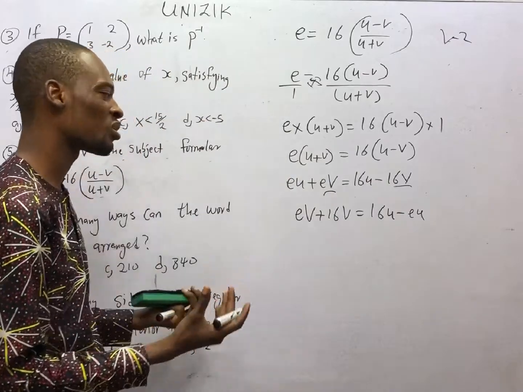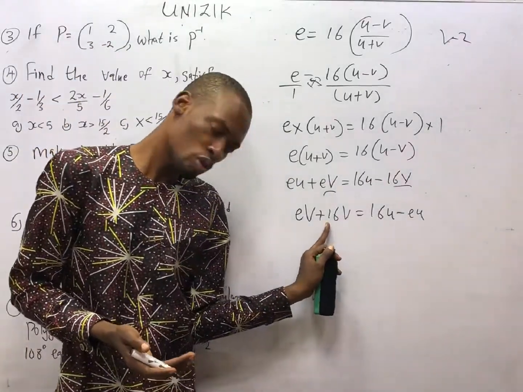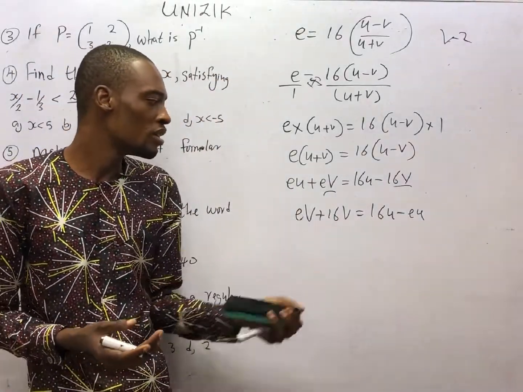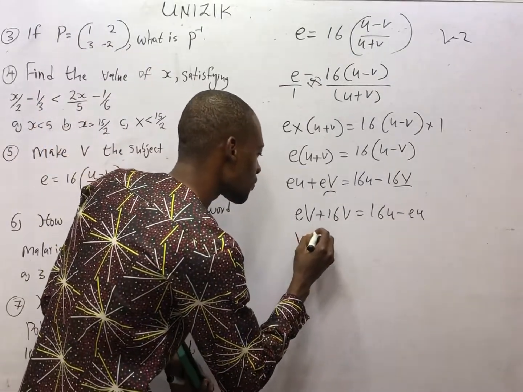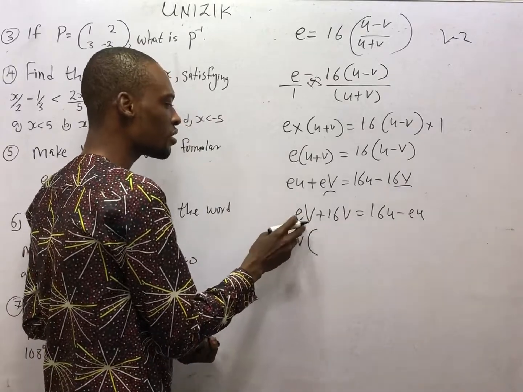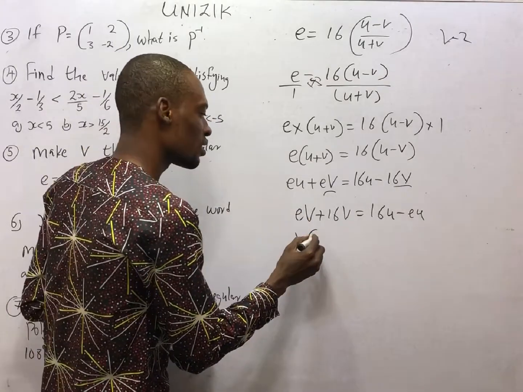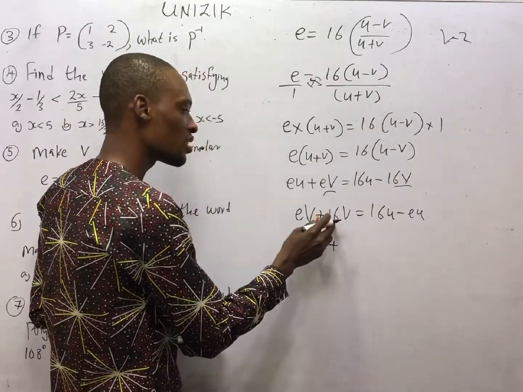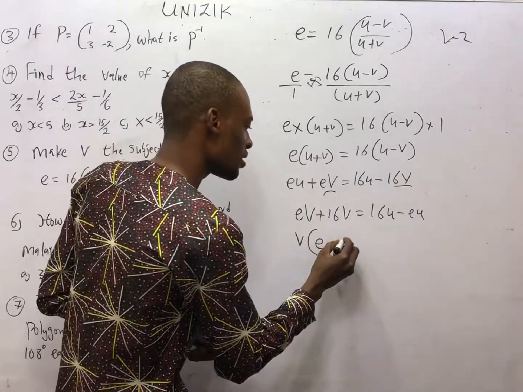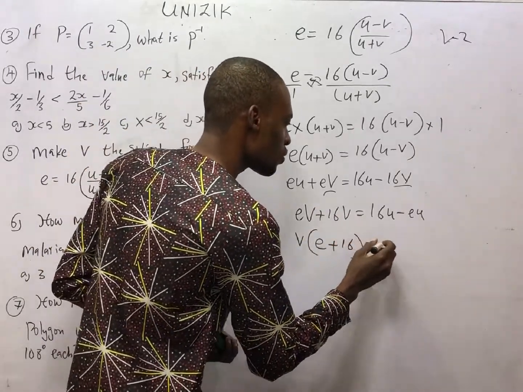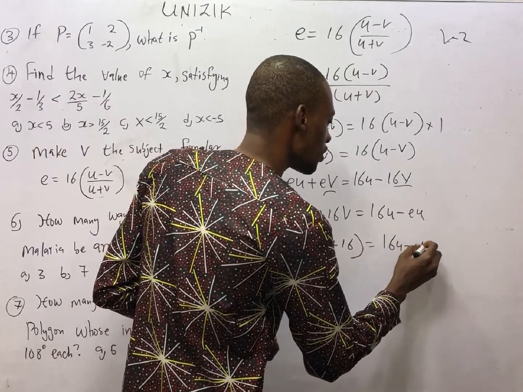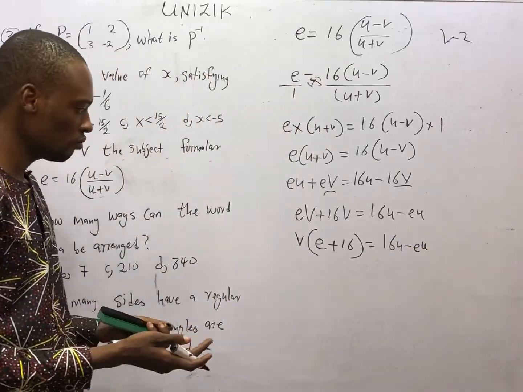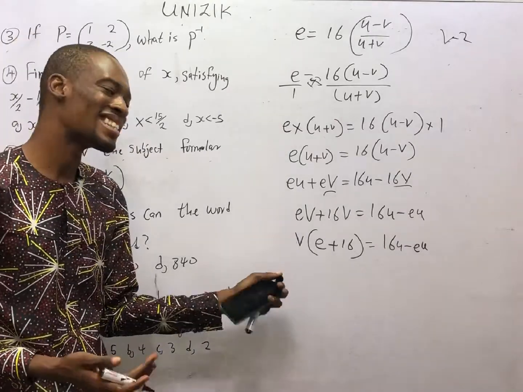There is something called factorization. When you have addition or subtraction and there is a common term, we can bring out that common term. So if I bring out V, this becomes V(E plus 16), equals 16U minus EU. What remains? V is now outside.